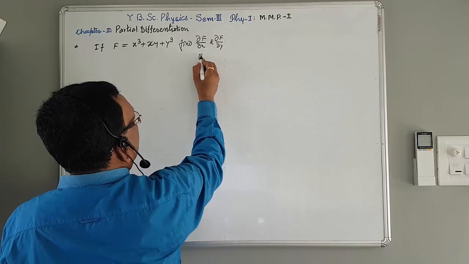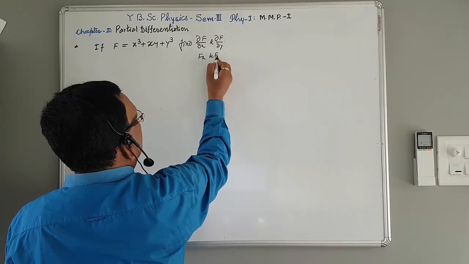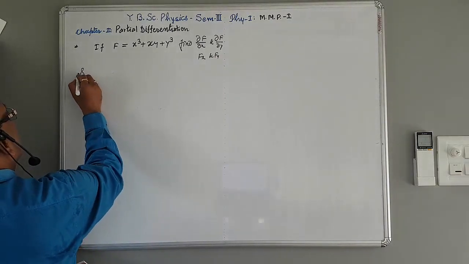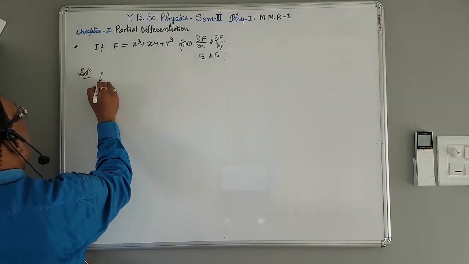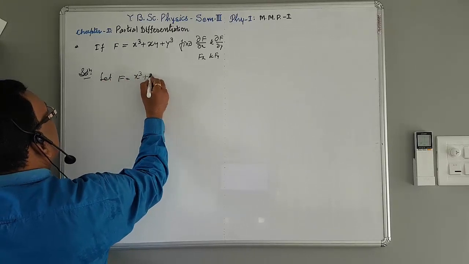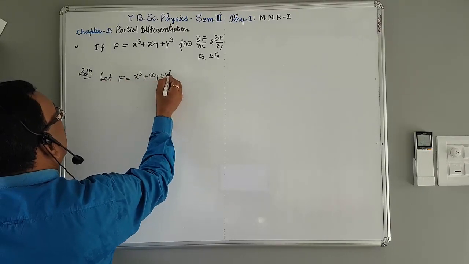That is, we have to find fx and fy, the first order partial derivatives. For this purpose, solution: let f = x³ + xy + y³.